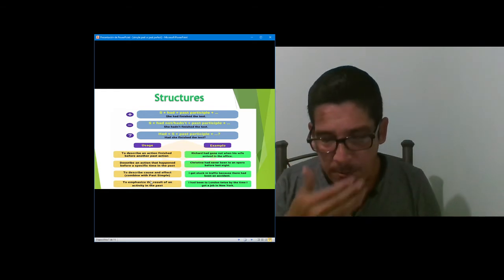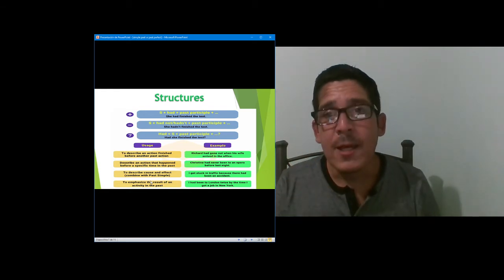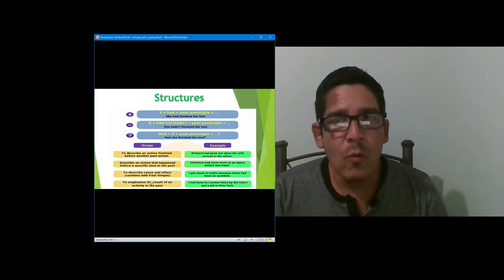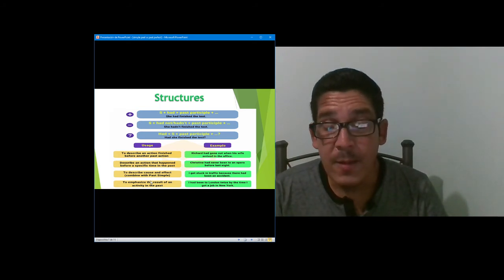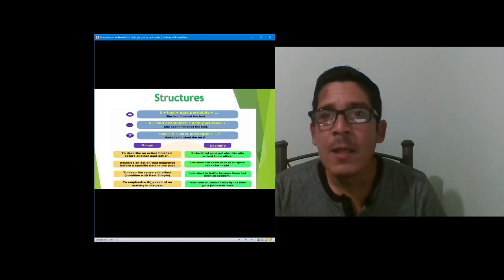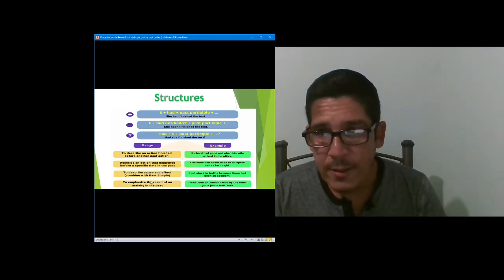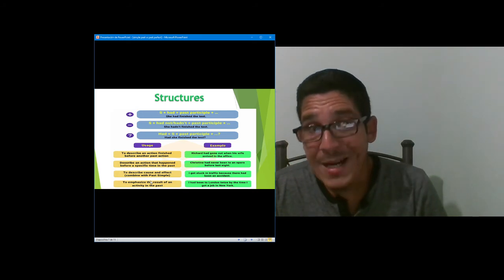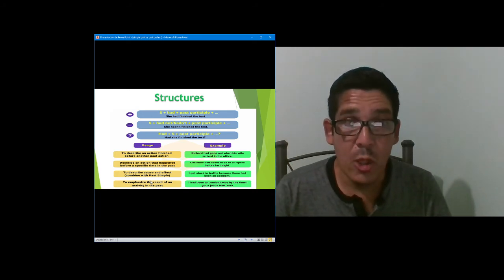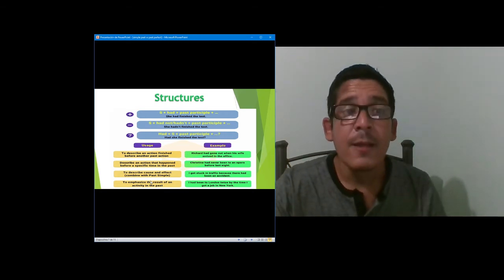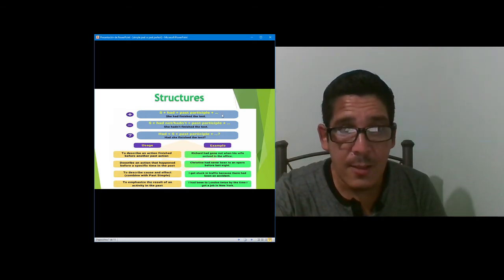Let's go with the structures. One thing you have to pay attention to is that always, when we are working with the past perfect, you are going to need the auxiliary had, obligatory, and the verb in past participle. For example, subject plus had plus past participle and complement, that is the affirmative sentence.